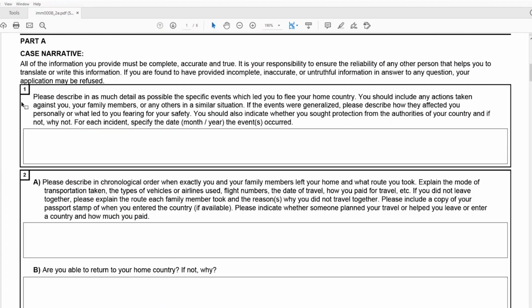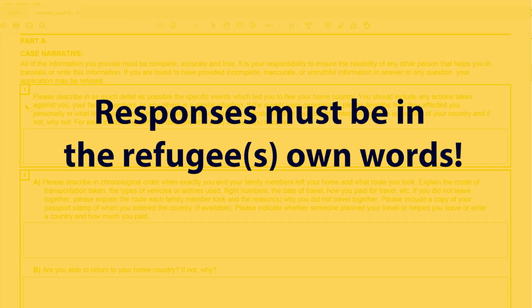So for question 1, you're going to describe the specific events which led you to flee your home country. So the person who is named on this particular Schedule 2, the information that's inserted has to be in that person's own words.